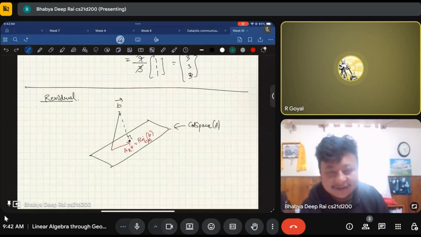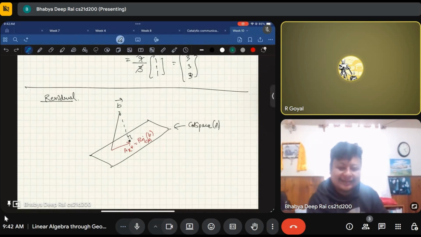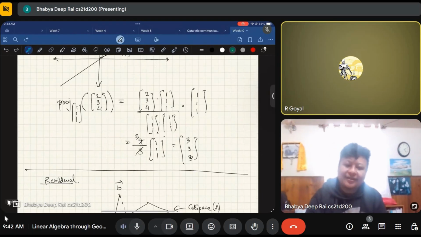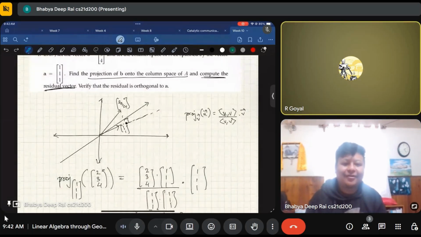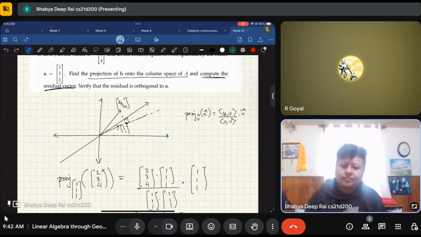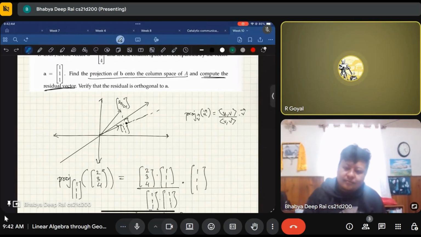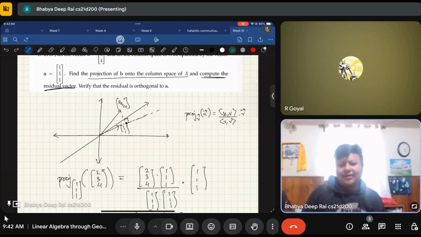In this case it is a plane because we are taking the column space here. In the previous example, that used to be a single vector. So in that case it would be b minus a, a vector which gives the measure. Okay, I get what you mean.